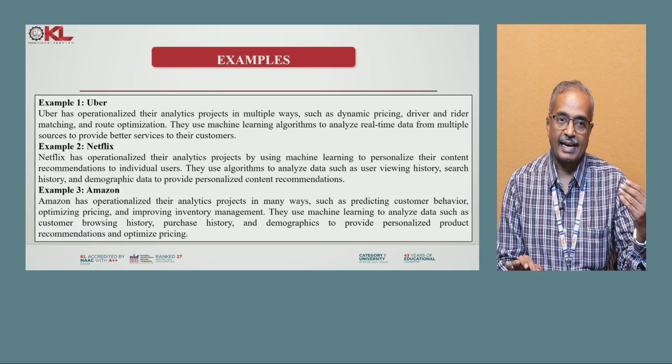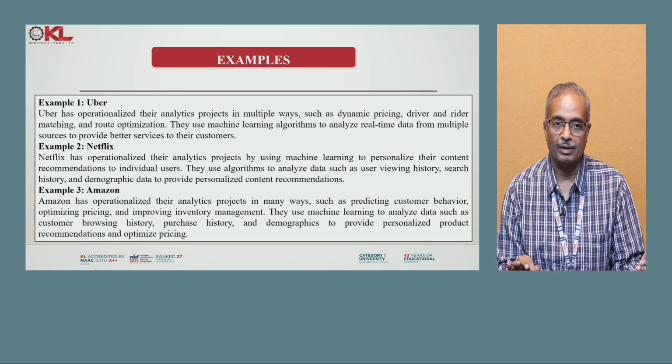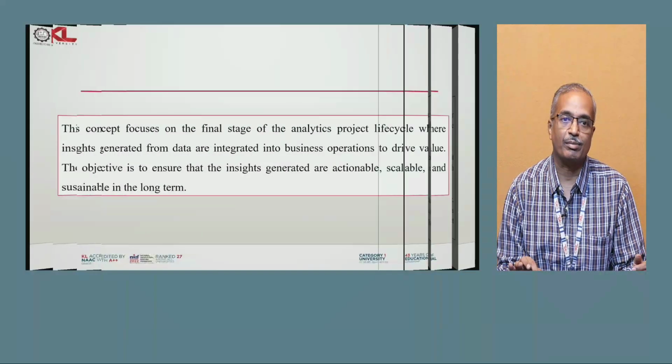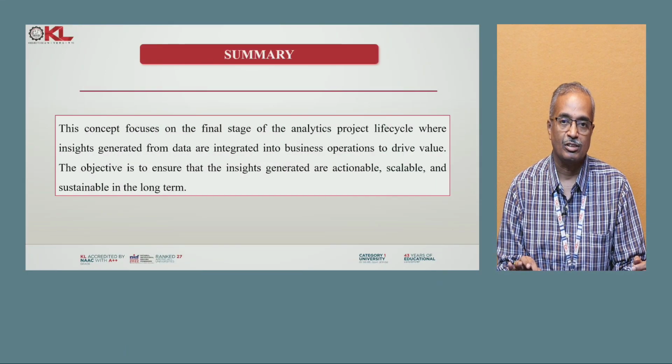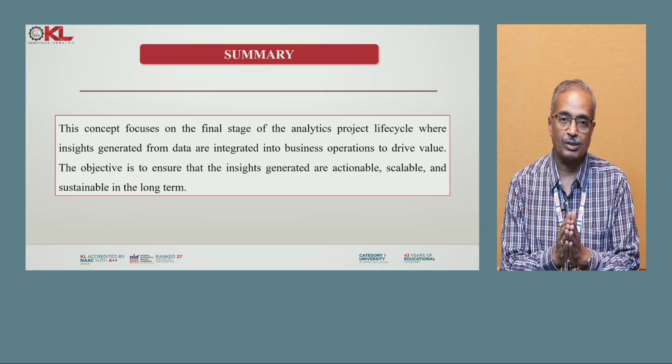These are the examples: Uber, you know very well, nowadays Uber has become very popular. The second one is Netflix, that is also very popular, and the e-commerce organization Amazon. This is also very popular. So I hope you understand the use of the operationalizing concept.